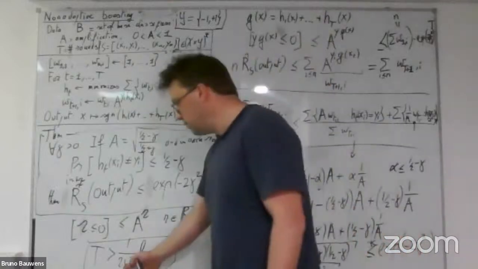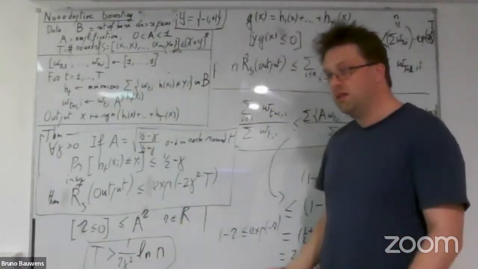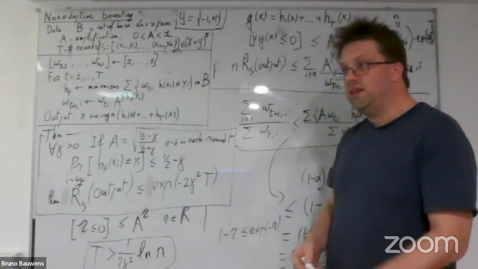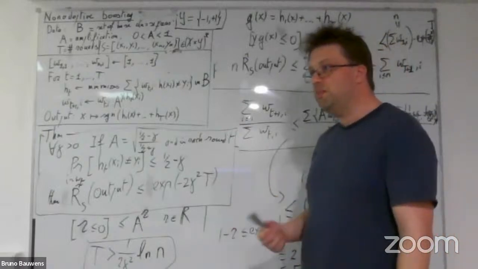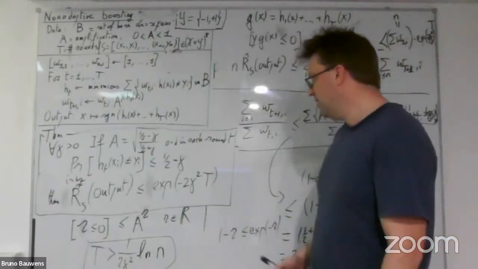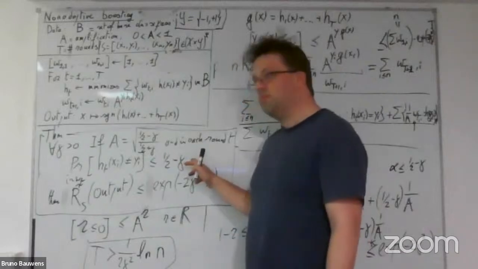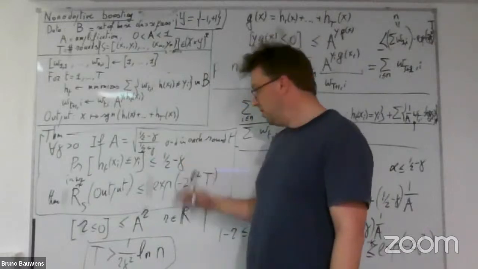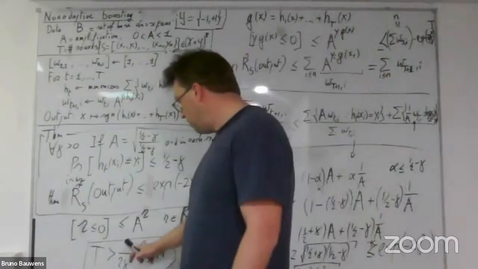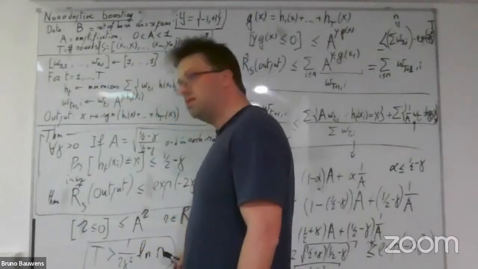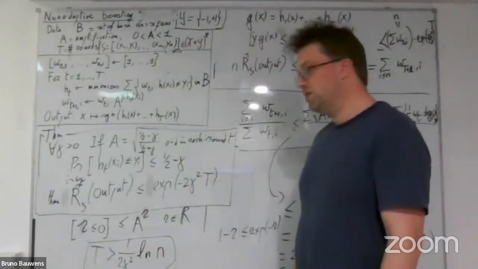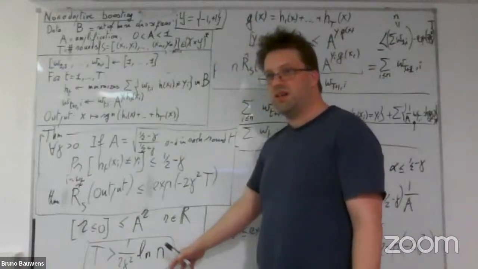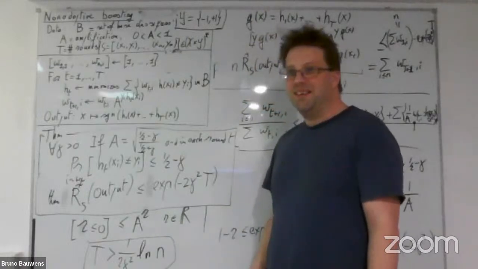If you have a reasonable gamma, of course. Indeed, if each time you can find a rule in your emails that has error at most 0.4, then you need 1 over 200 times ln of your size, which is reasonably small.